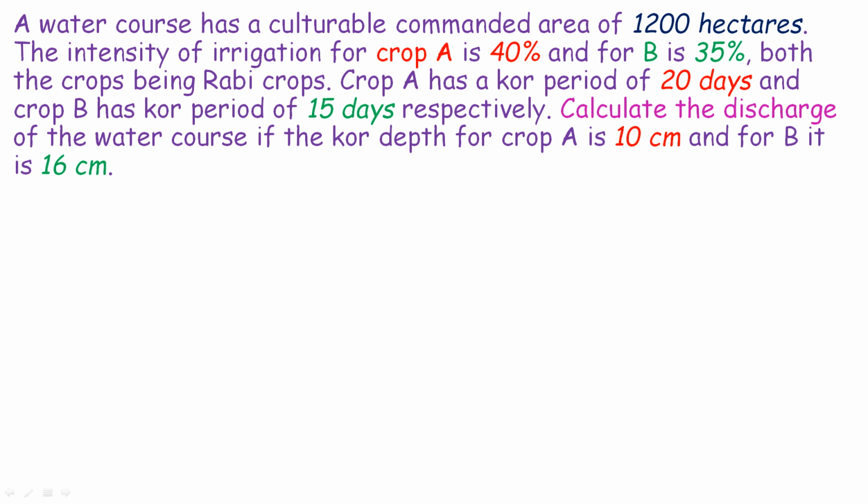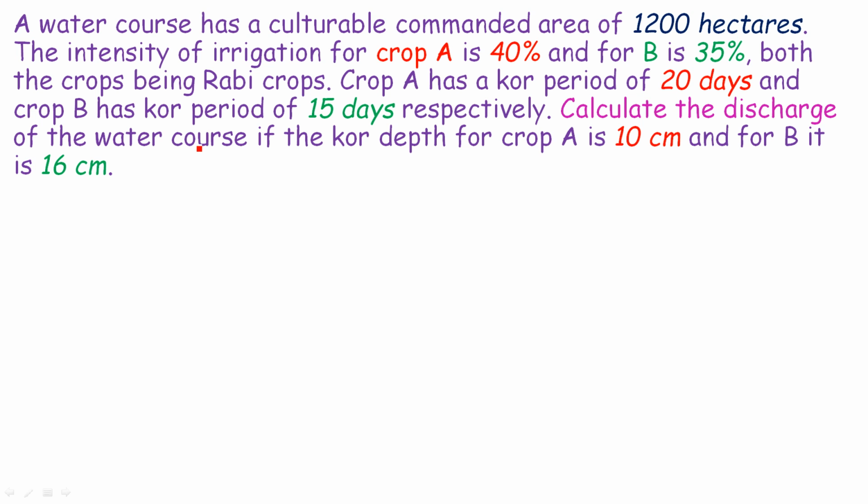It means at a time there was only one crop. But in this question, at one time crop A and crop B are simultaneously present in the area. So we need to find the water requirement for both the crops.